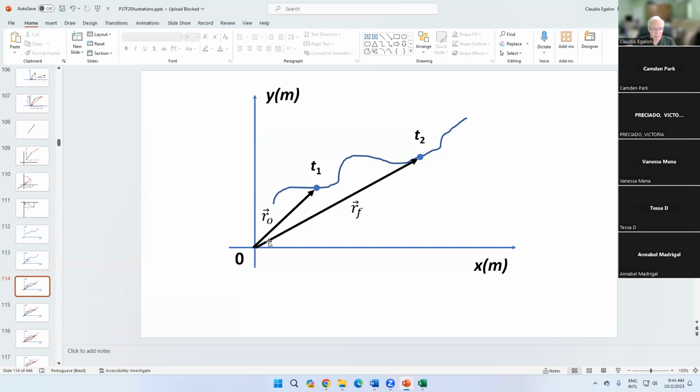So in this specific case, the vector position is a function of time. As time goes by, the vector position changes.